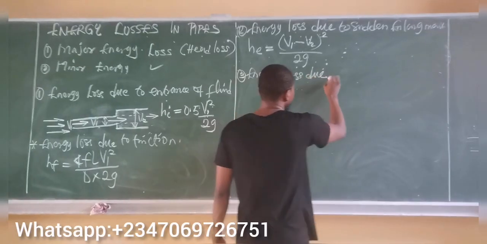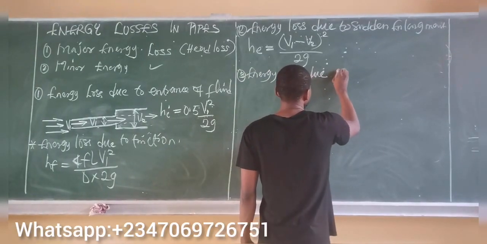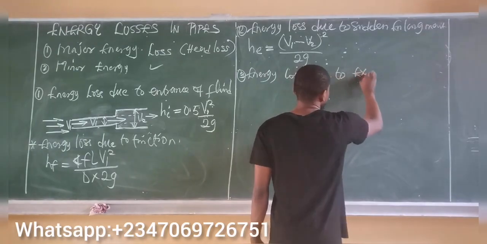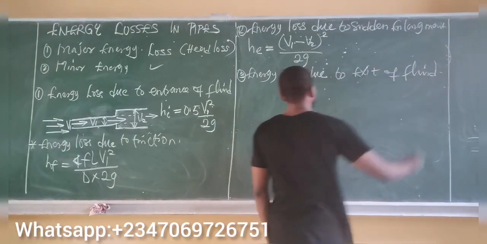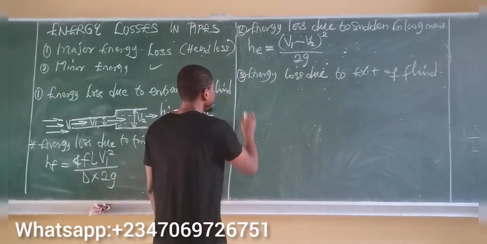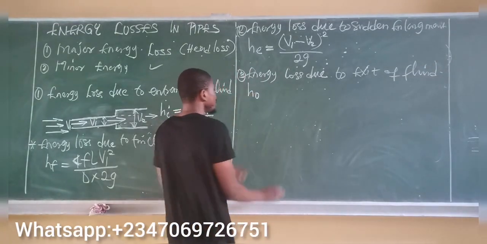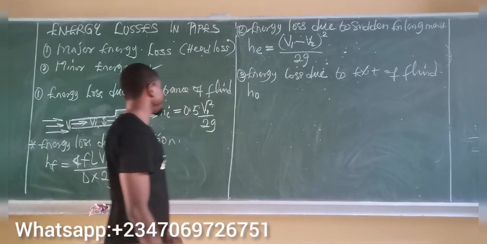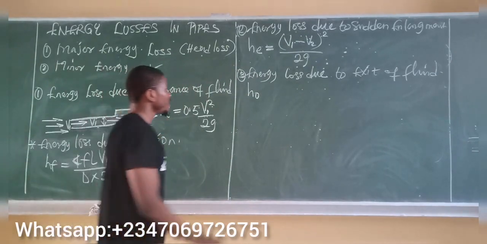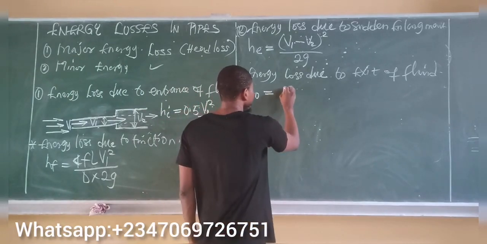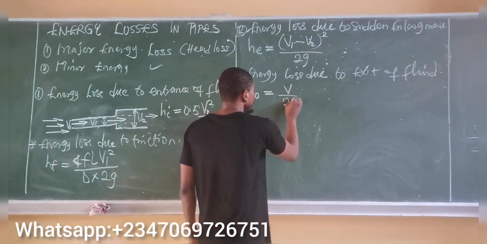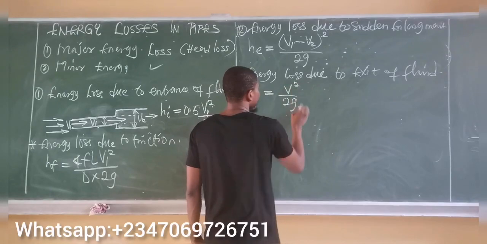Just like we have energy loss due to entrance, we also have energy loss due to exit of fluid. It is symbolized as ho, o for outlet, just like hi, i for inlet. ho is now equal to, the formula for this remains V squared all over 2g.